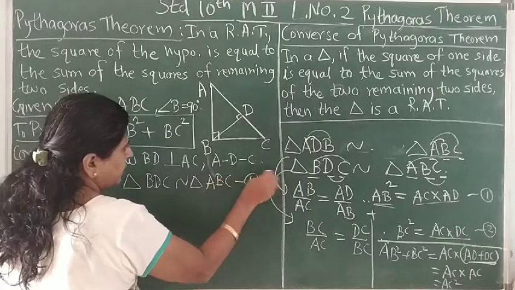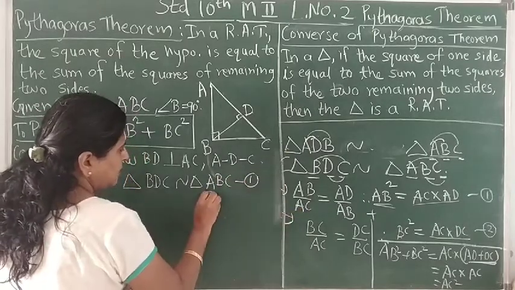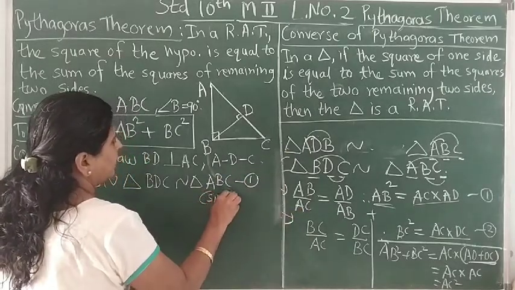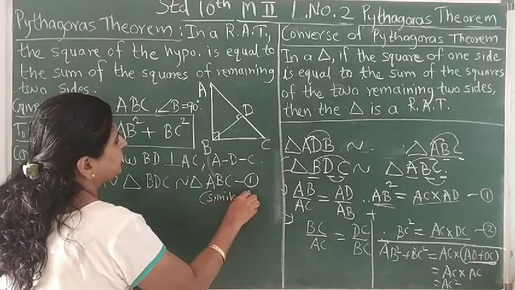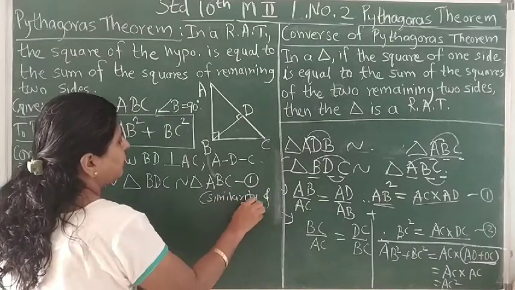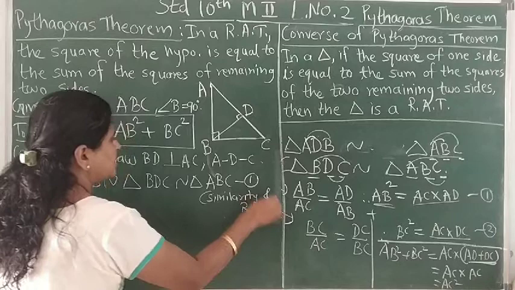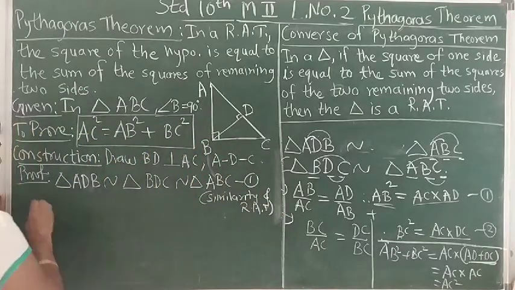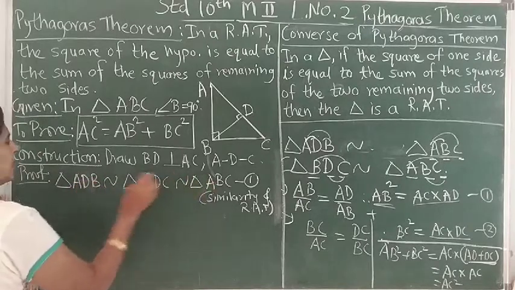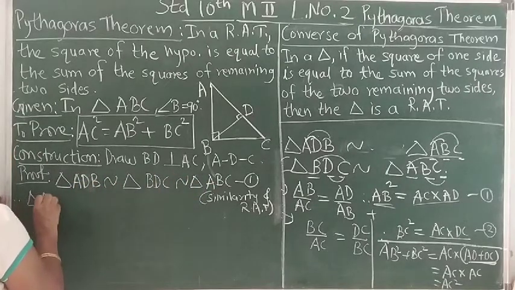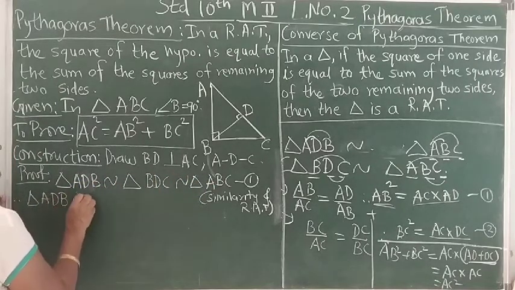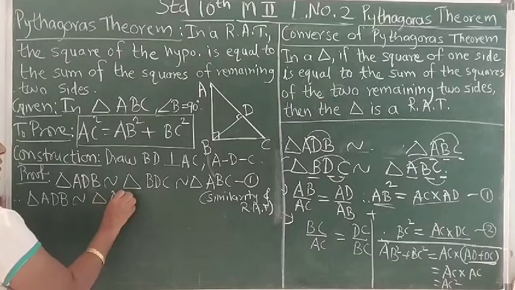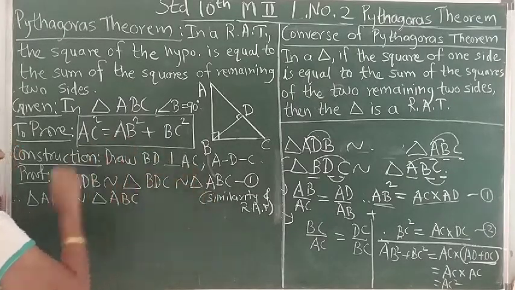We can say statement number 1 here, and the reason is similarity in right angle triangles. That's why these three triangles are similar to each other. Now taking this first and third, triangle ADB is similar to triangle ABC. So we have taken the help of that theorem.